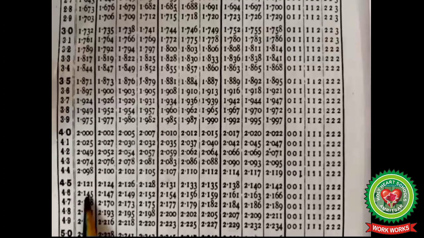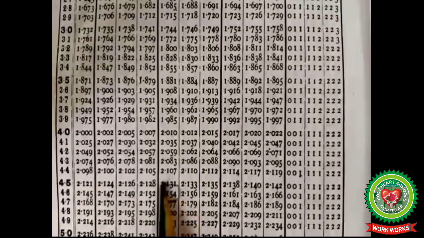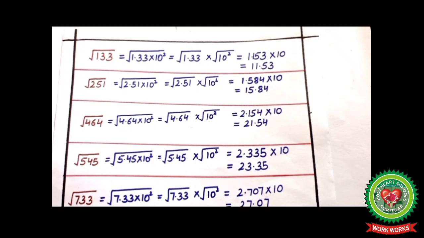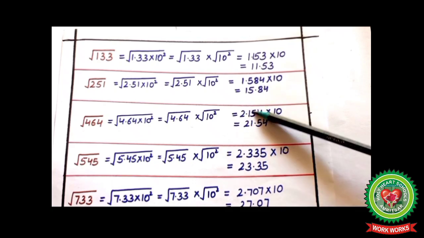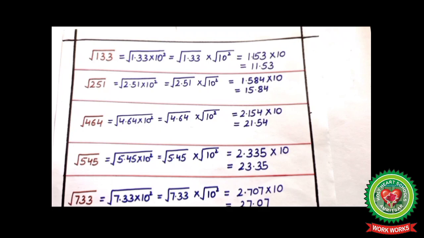This is 0 column, 1, 2, 3 and 4. So the answer is 2.154. From the log table book, square root of 4.64 is 2.154 and square root of 10 square is 10 only. Now after shifting the decimal, square root of 464 is equal to 21.54.